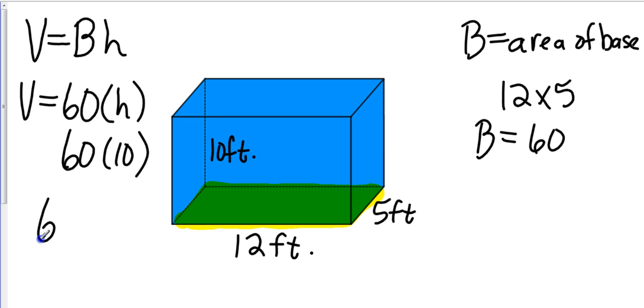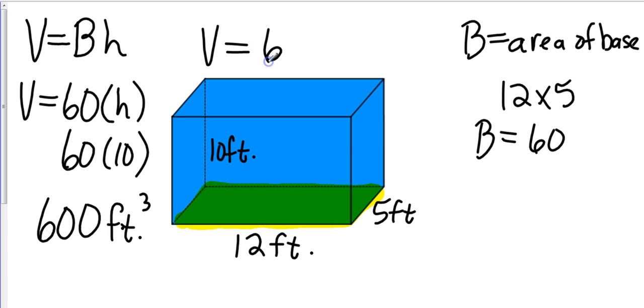So that's going to give me 600. Now, we've multiplied three things together for volume. So that's going to be 600 feet to the third power, which is called cubed. So the volume equals 600 cubic feet. Okay? So area of the base times the height.